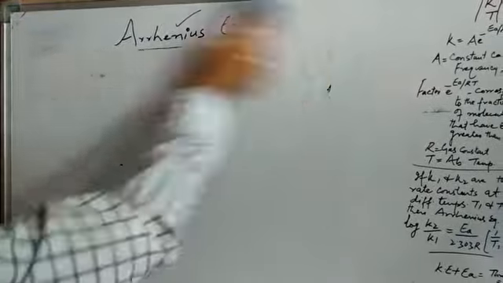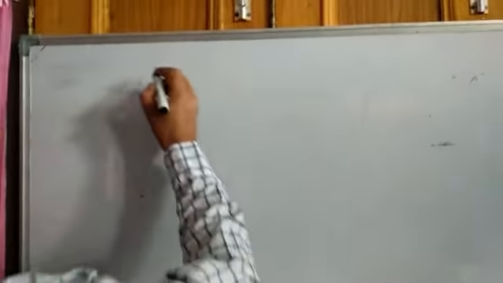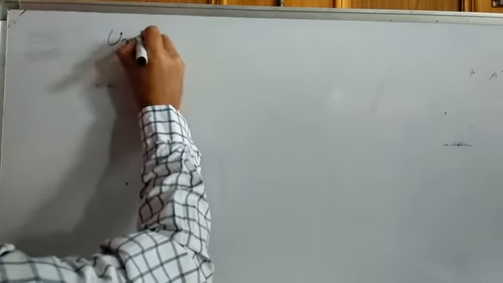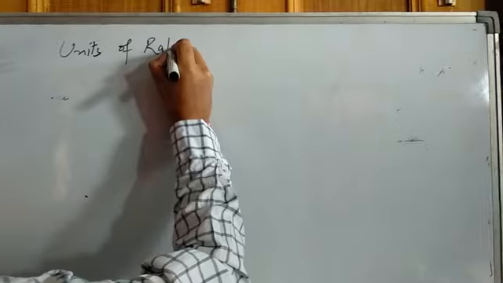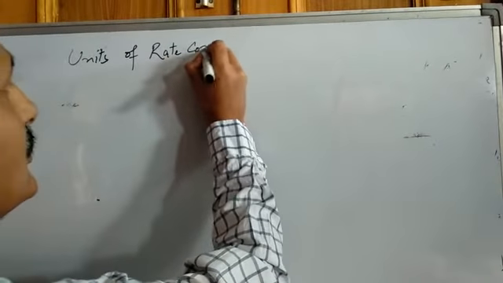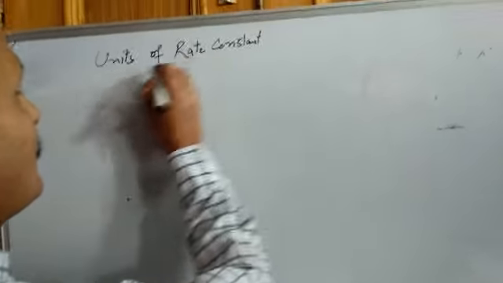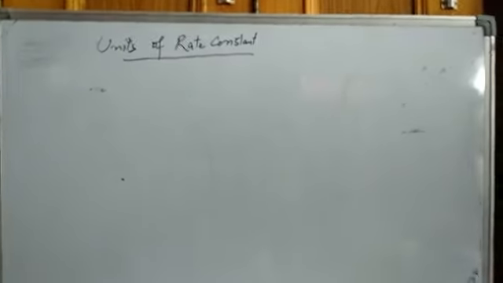Now, concluding the unit of chemical kinetics, let us find today the units of rate constant. Unit for rate constant for different orders of reaction.